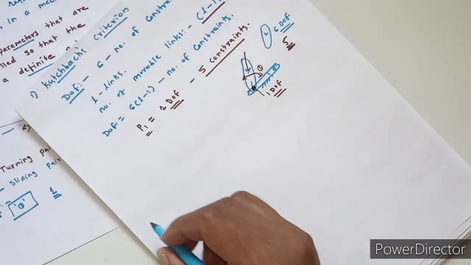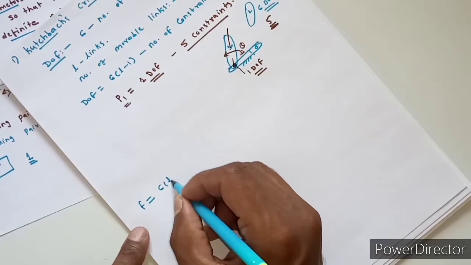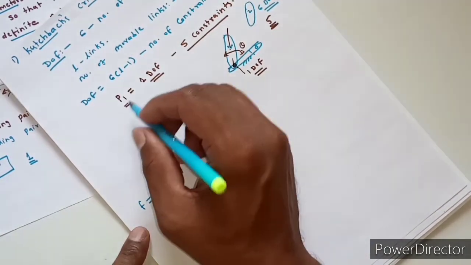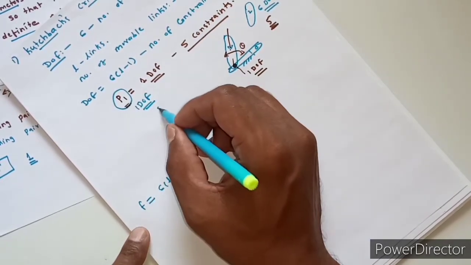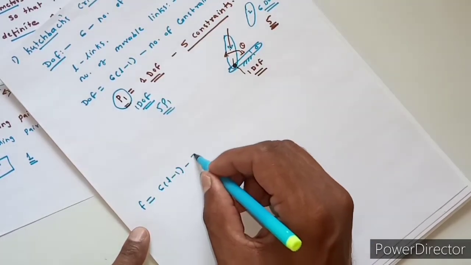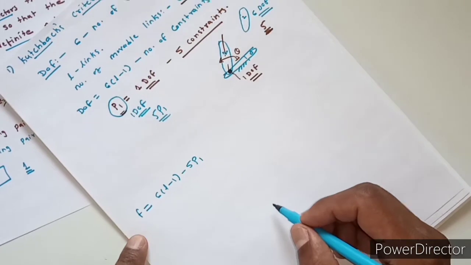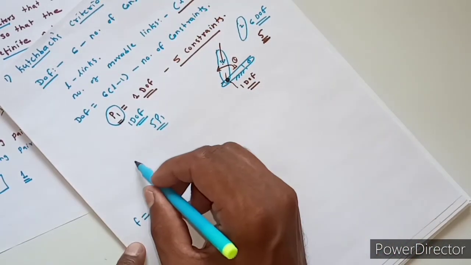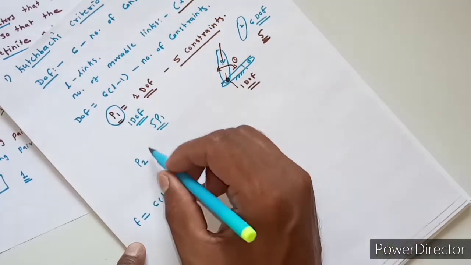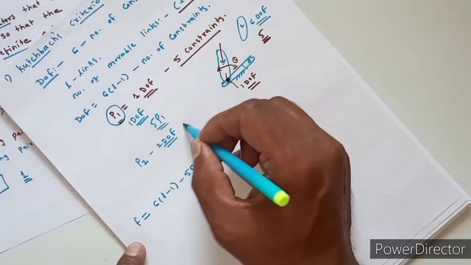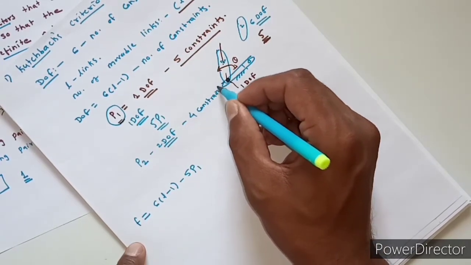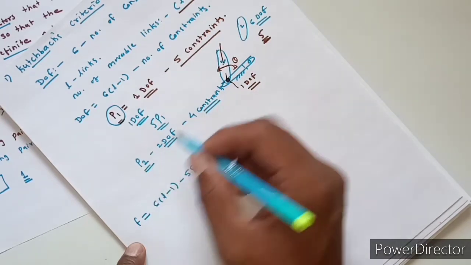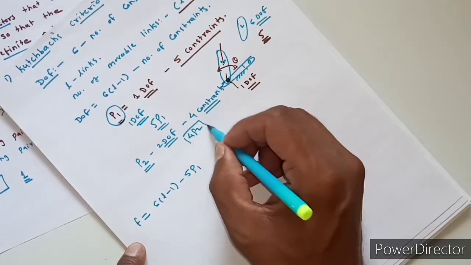So degrees of freedom is equal to 6 into L minus 1. If we introduce P1 number of pairs having 1 degree of freedom, total number of restraints imposed will be 5P1. So minus 5P1. Now if you introduce P2 number of pairs having 2 degrees of freedom in a mechanism, each pair will impose 4 constraints. So total constraints will be 4P2.